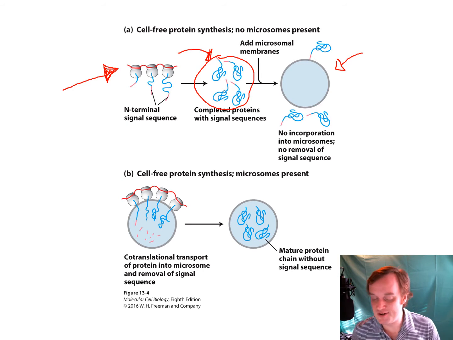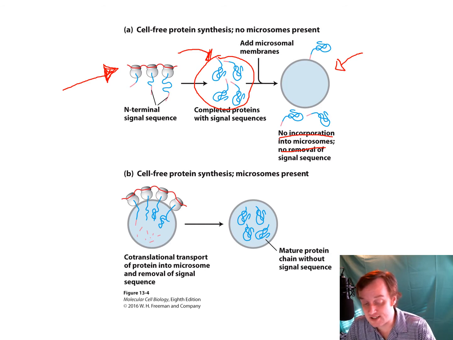It's like a proxy for the ER membrane. Once they added these after the proteins were already constructed, they looked inside those microsomes and saw that there was no incorporation into the microsomes. So the signal doesn't import after the protein's already made.